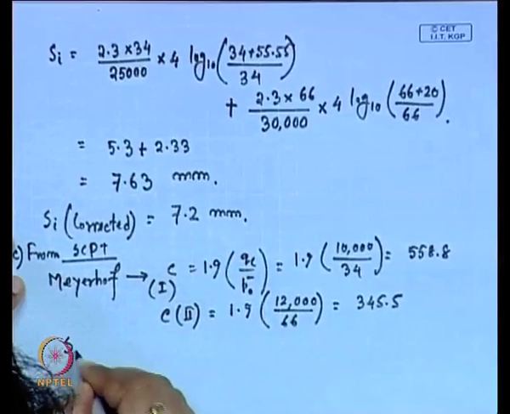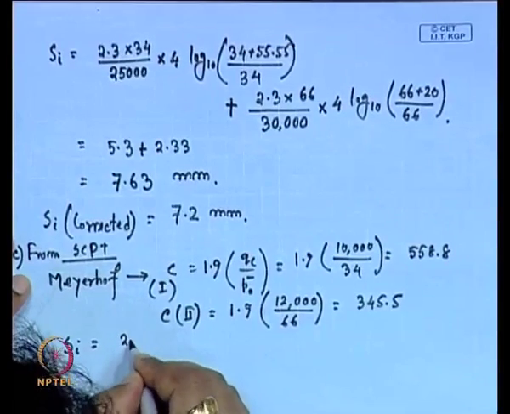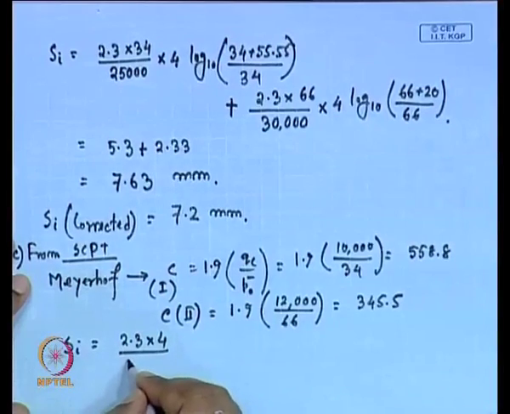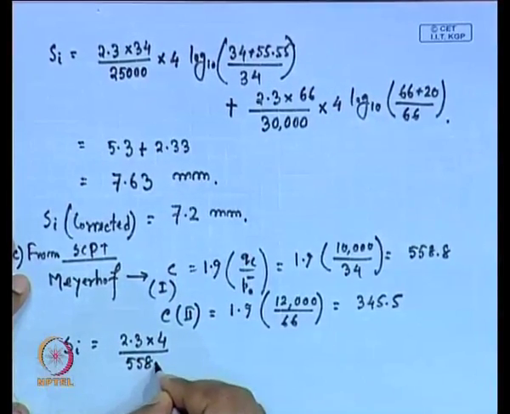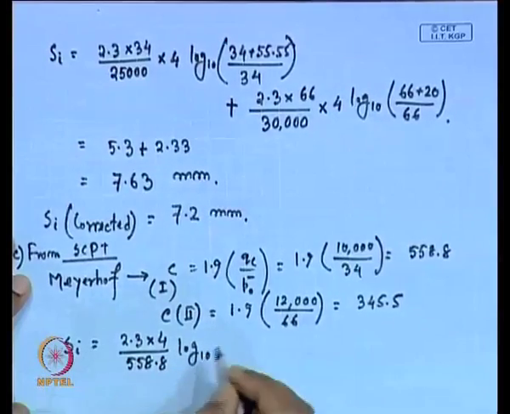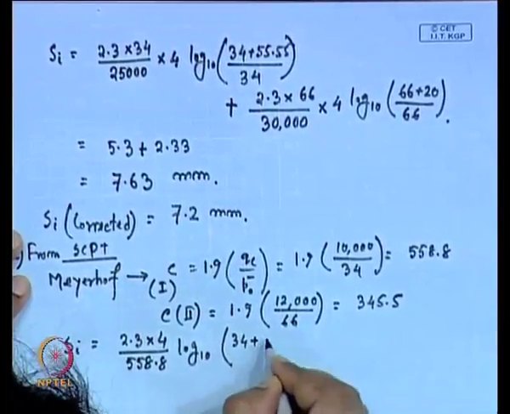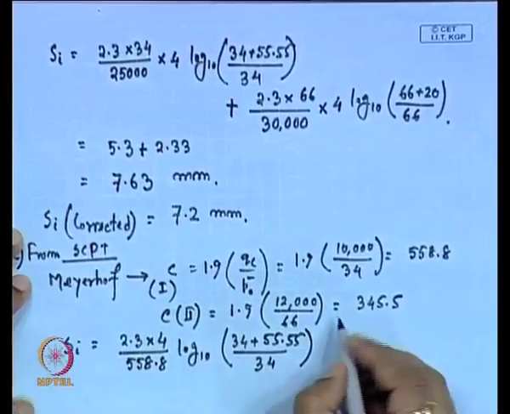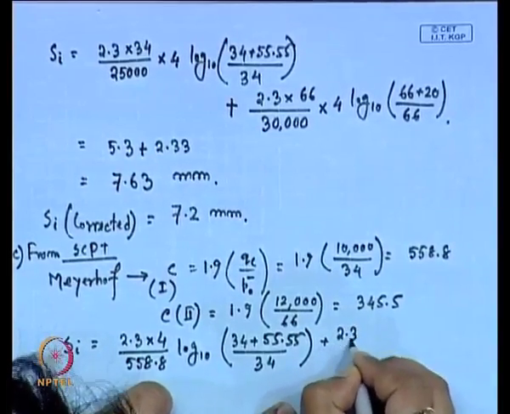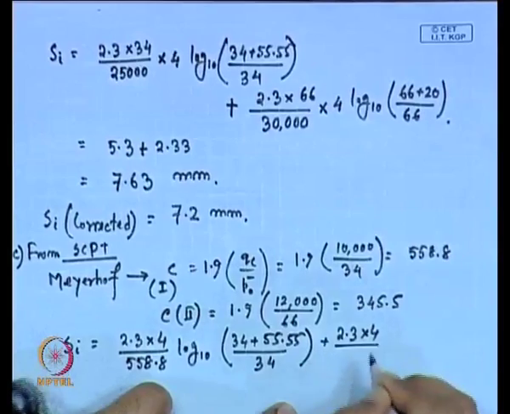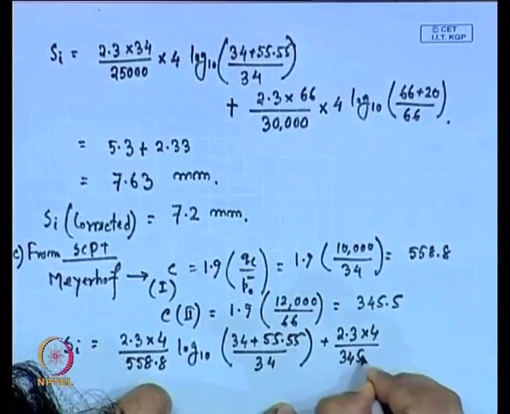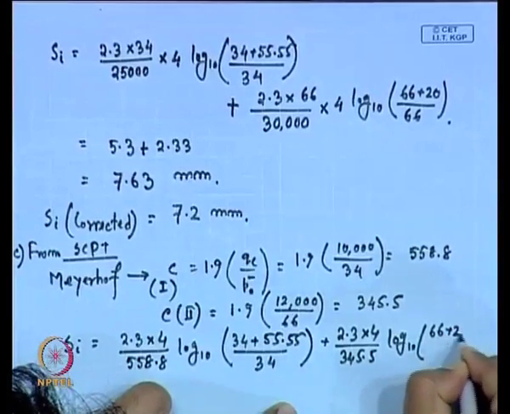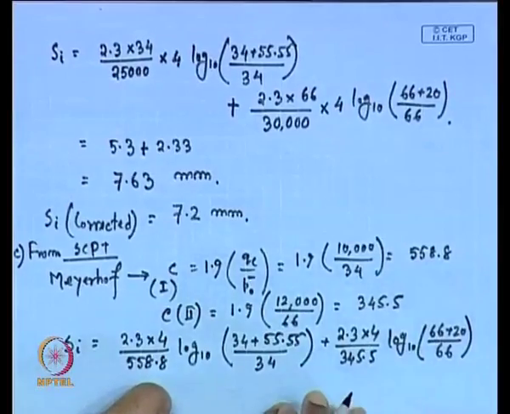Now, if I calculate this S I, the expression is 2.3 into 4, that is the H by C, 558.8 for the first layer into log of (34 plus 55.55) divided by 34, plus 2.3 into 4 divided by 345.5 into log 10 of (66 plus 20) divided by 60.